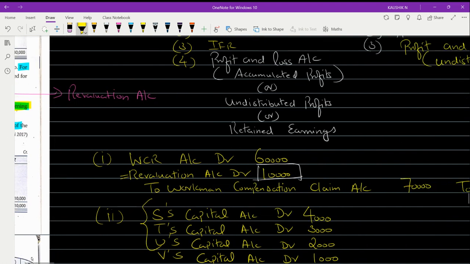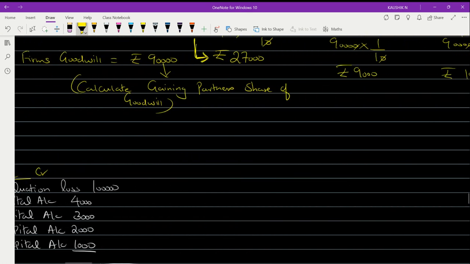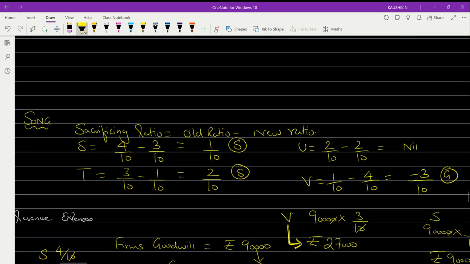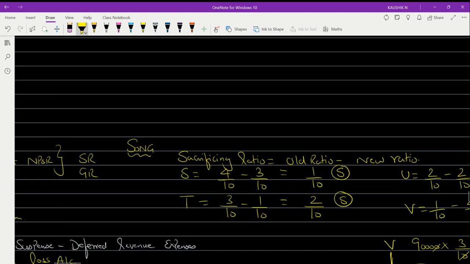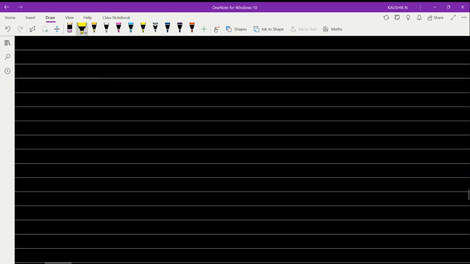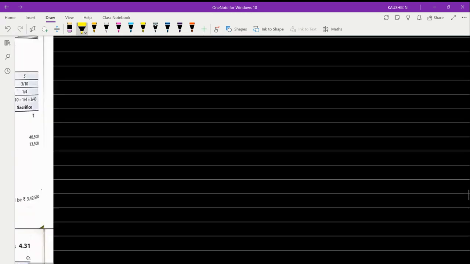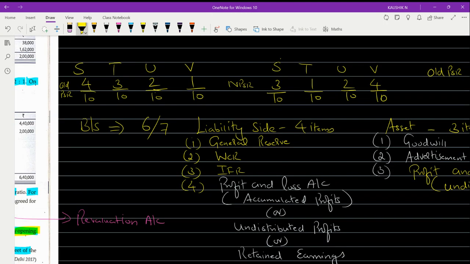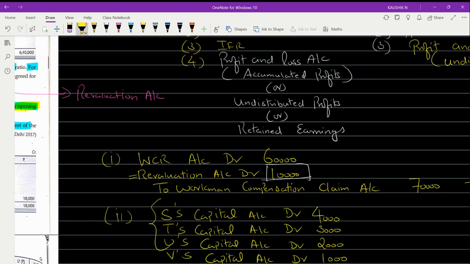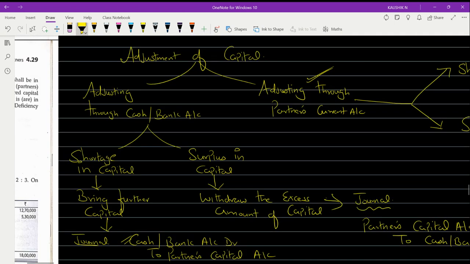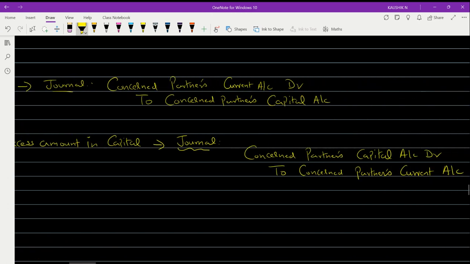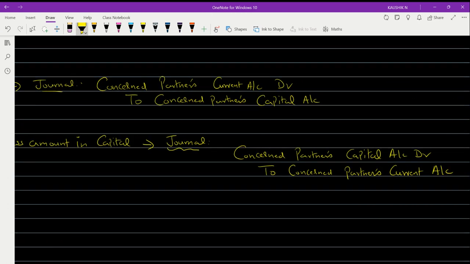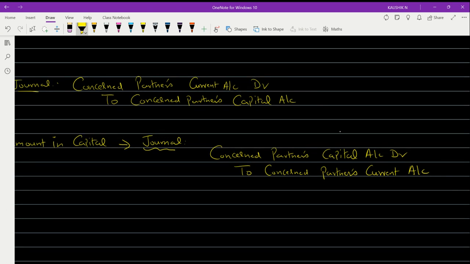So now let us go ahead with the journal. What needs to be done? The journal is for when we are going to introduce the amount of capital. Here you see, when there is a shortage, what was the journal? Concerned partner's current account is debited to concerned partner's capital account. So here the shortage is for whom?